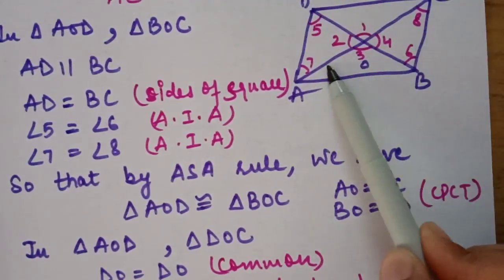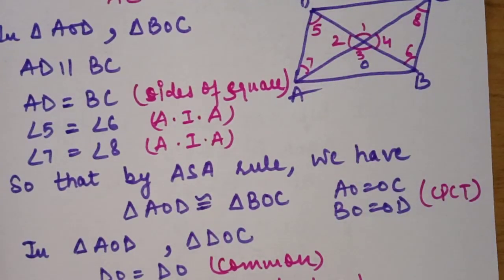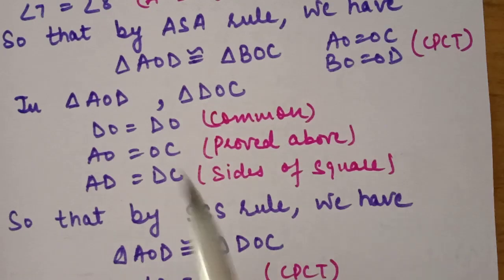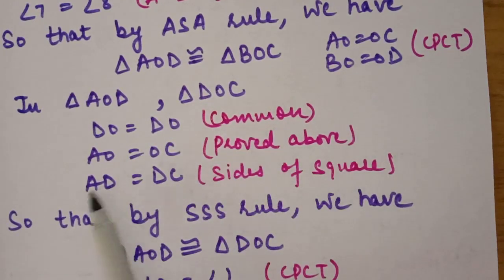AO and OC already proved, and AD and DC are also equal to each other because of sides of square. So DO is equal to DO common, AO is equal to OC proved above, AD is equal to DC, sides of square. So by SSS rule we have triangle AOD congruent to triangle DOC.